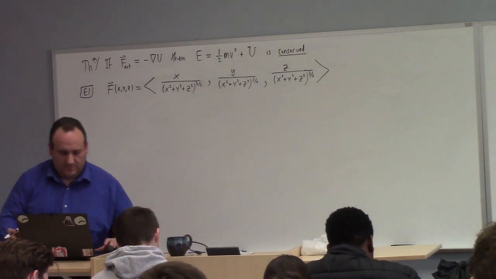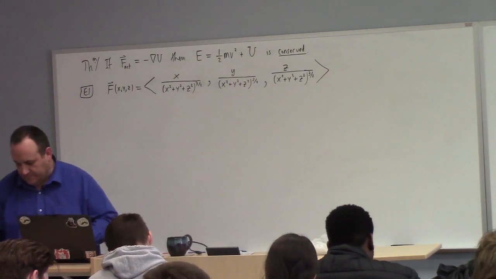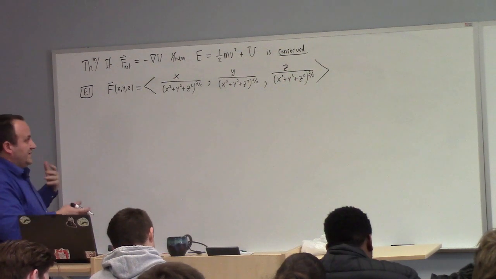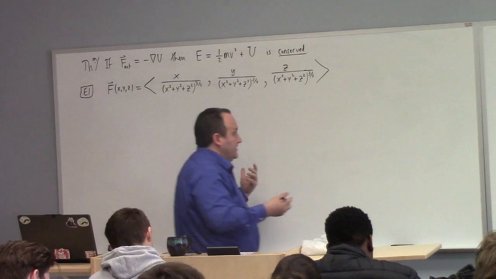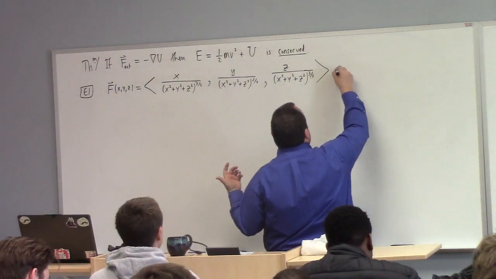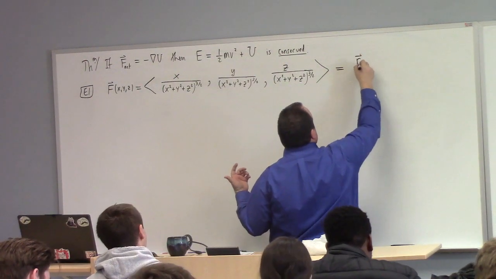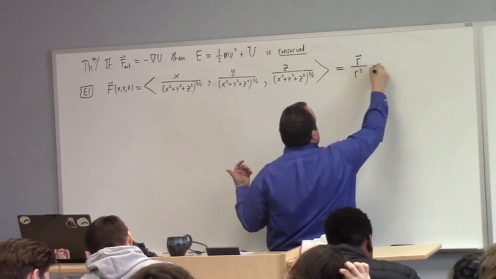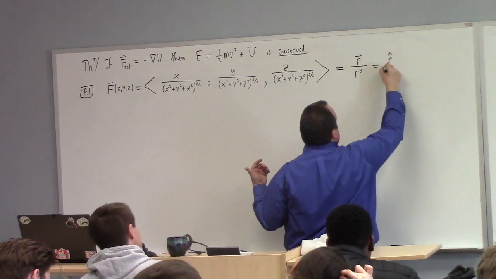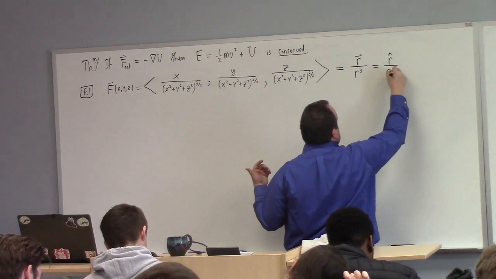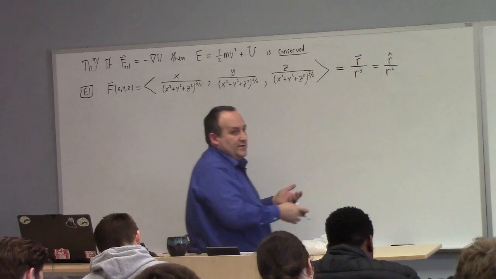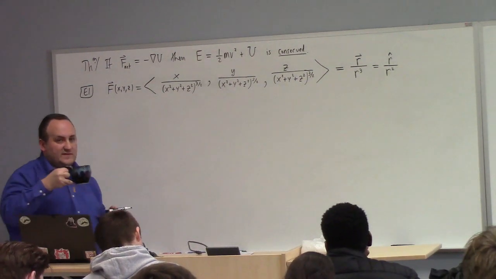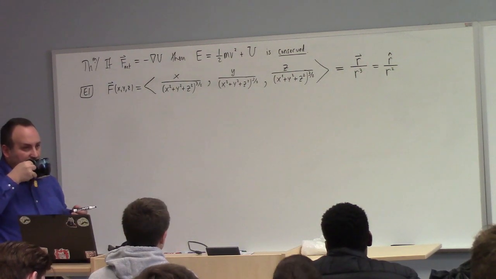So this one's a little bit fussier, but it's physically very interesting because in another notation, this formula you could write as r vector divided by r cubed, or if you like, r hat divided by r squared. So this is the inverse square force. Its magnitude is inversely proportional to the square of the distance from the origin, and it points radially outward.